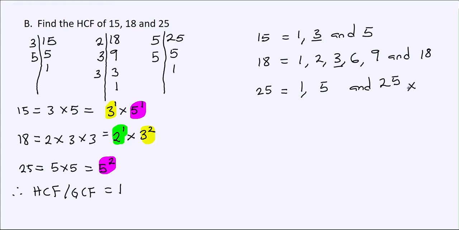We have 3 here, 3 here, don't have 3 here. We have 5 here, 5 here, but we don't have 5 here. So 6 is here, 9 is here, and we don't have any of that here. But if you're observant, you will see that we have 1, and it is common amongst all of them.